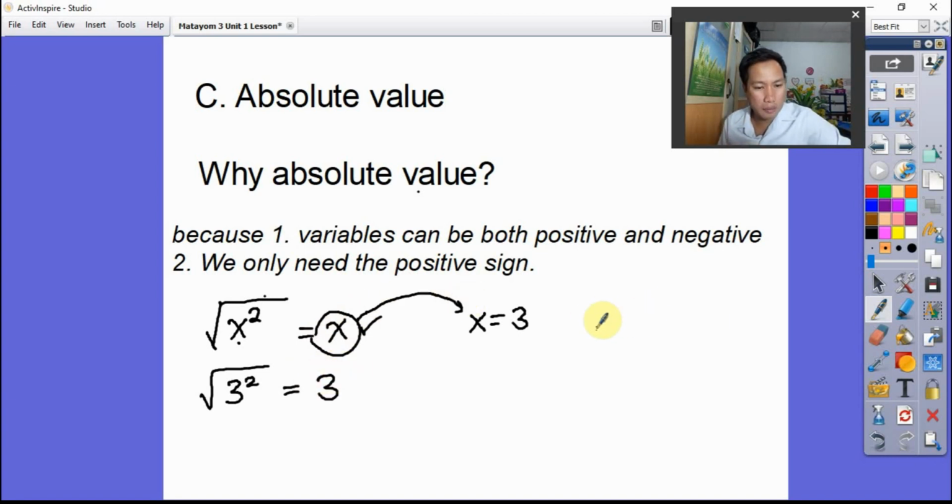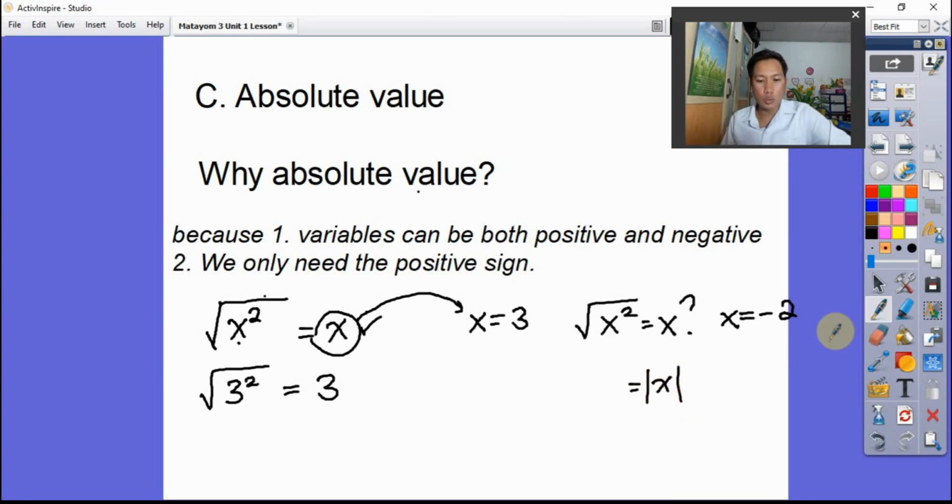But what if x is negative? Can we have negative 2 here? Yes or no? Later on I'll emphasize further that if you encounter this kind of problem, then you need to put an absolute sign, because we cannot have a negative answer.